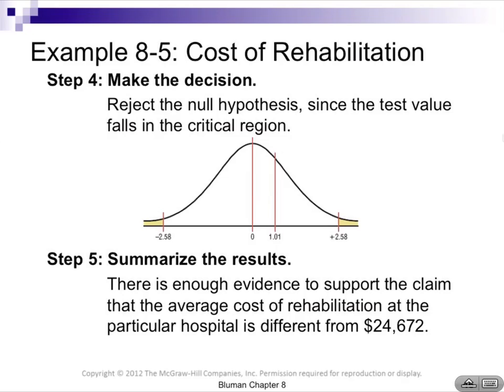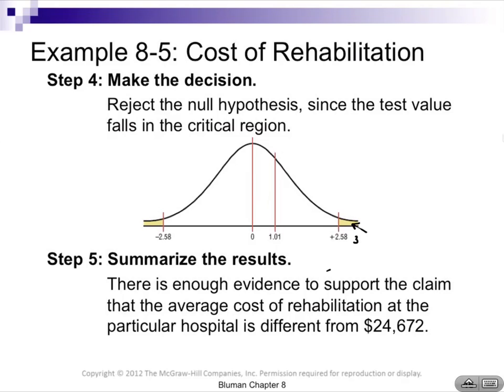So we're going to look here. We have to make our decision. We have 2.58. We have 1.01. Not sure what that is. And we have 3.04, which our value was up here somewhere. I think that's maybe a wrong chart that's in here.